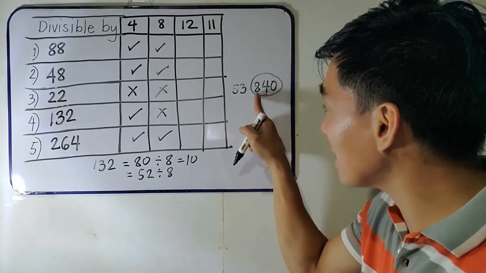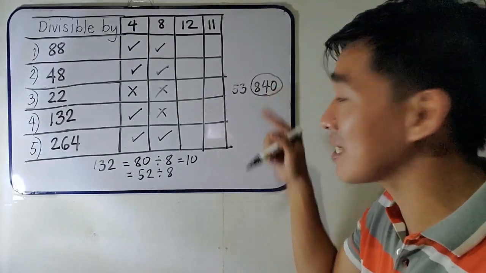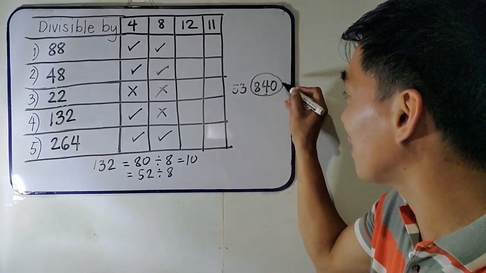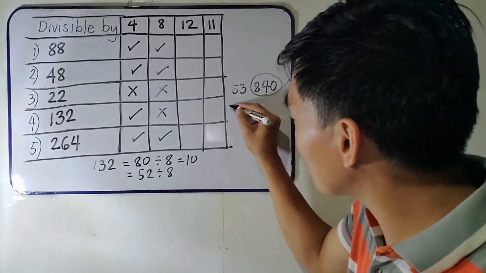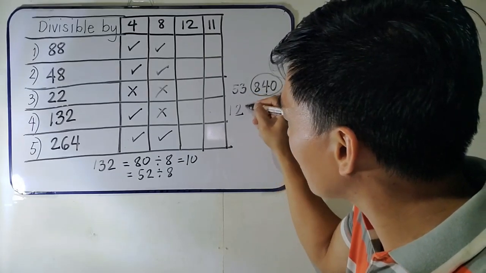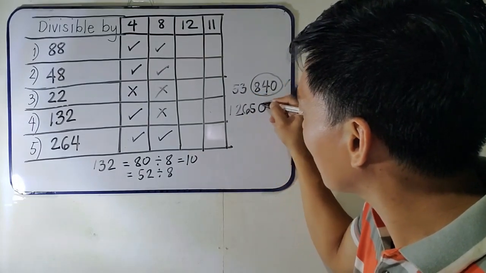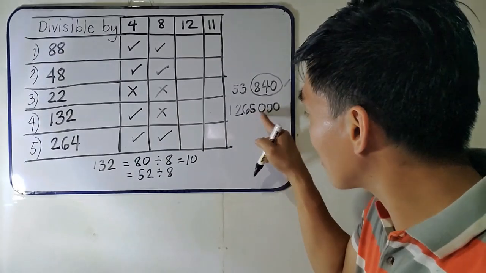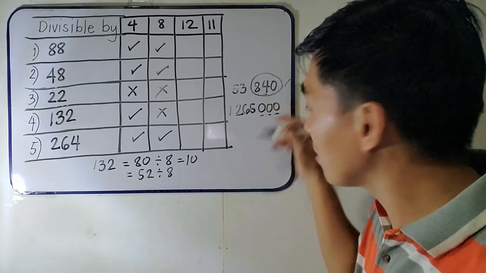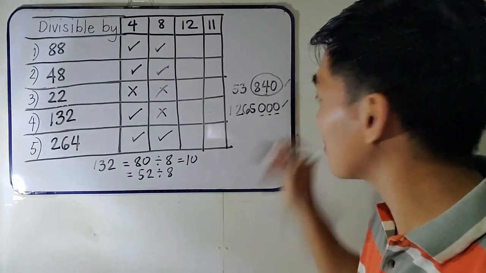Of course, because 800 is divisible by 8 and 40 is divisible by 8. So that's divisible by 8. Also, if the last three digits are all zeros, for example 1,265,000, then that is also divisible by 8.